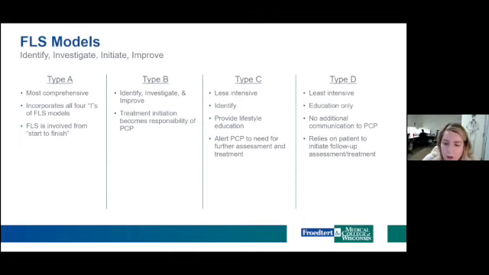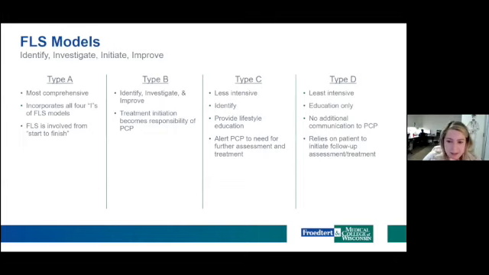Your type B models really only differ from your type A model in that the treatment initiation becomes the responsibility of the primary care provider. So you in the FLS, you might still make a recommendation, and then the PCP does the treatment, and then you might monitor for adherence afterwards or be in a supportive role after that.